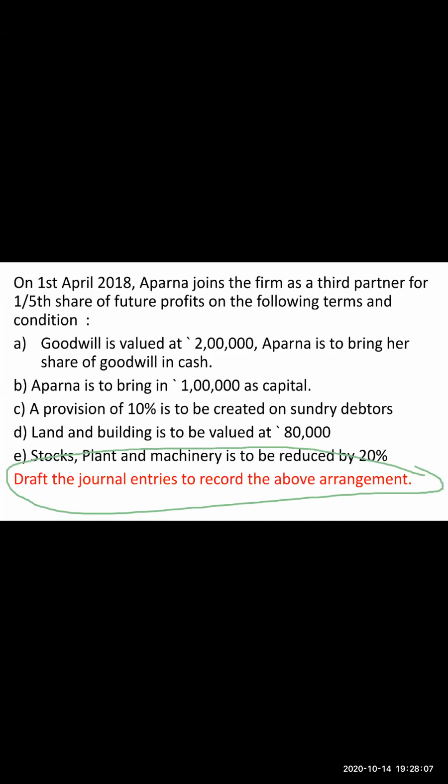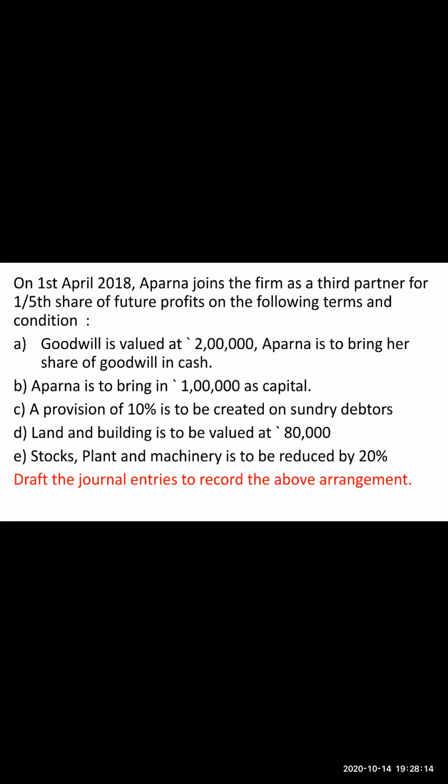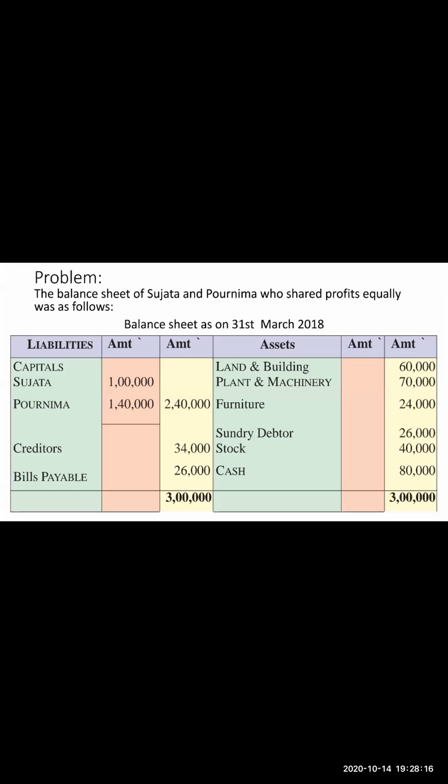So it is clearly mentioned here that you have to pass journal entries. Whenever you pass journal entries, from this balance sheet the only thing you need is accumulated profit or accumulated loss.